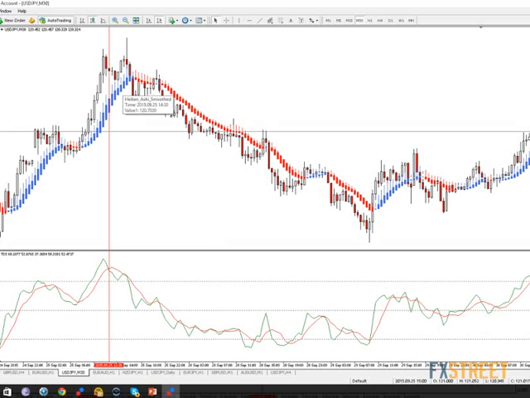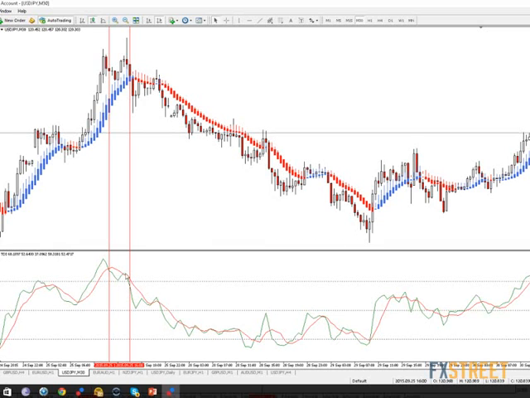So 1, 2, 3, 4, 5, 6, 7, 8 candles, no trade. But look at this, guys. So Boyki, this is your no trade. But look at this. At this point on, here, we had another cross, or let's say it was here.